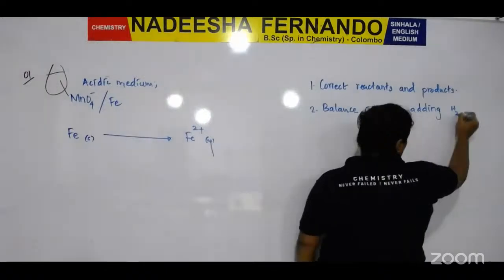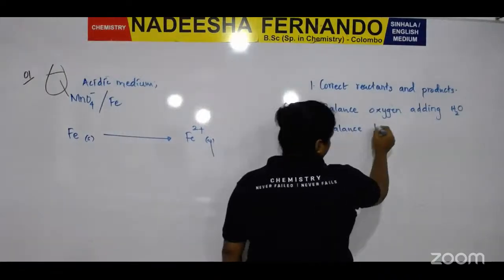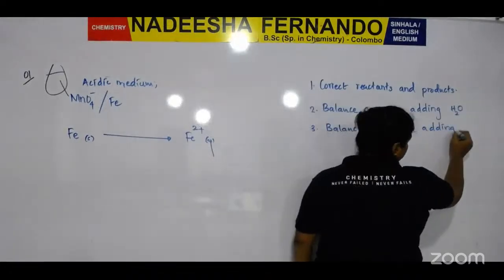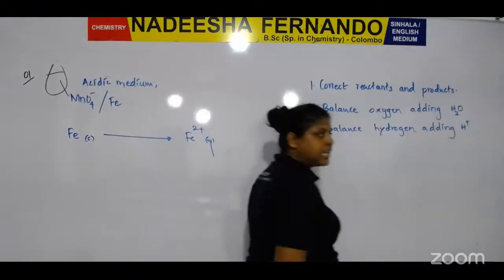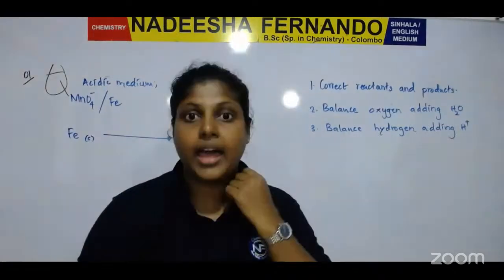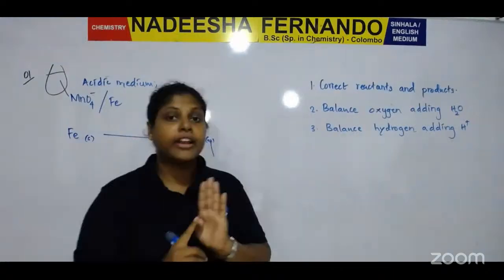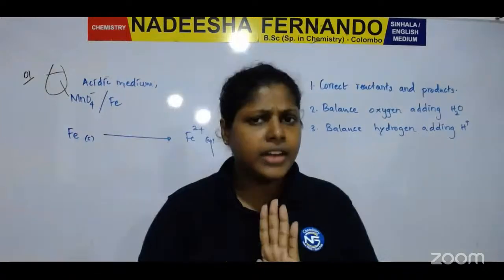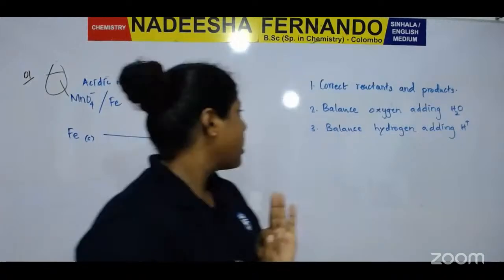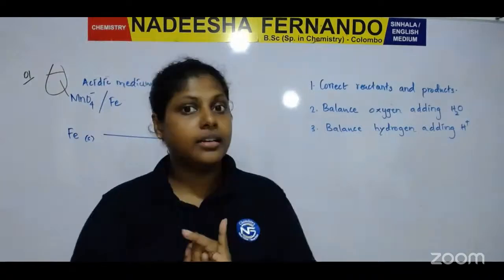The third one is to balance hydrogen by adding H plus, because the reaction takes place in acidic medium. To define the medium as acidic, we add H pluses.